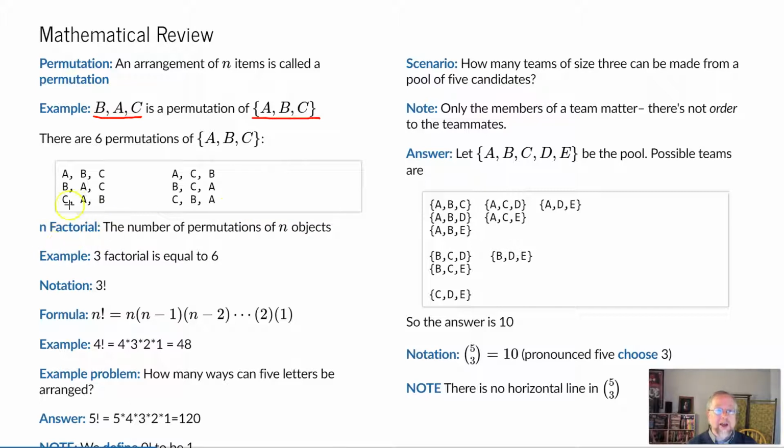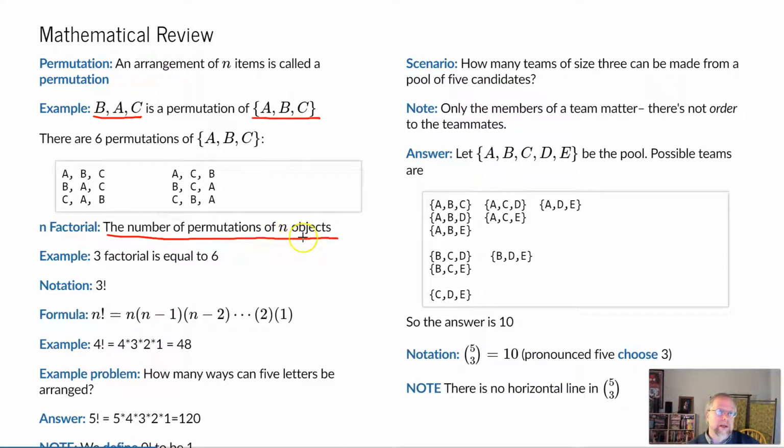So in factorial, now you know there's a formula for it. I'm sure you've all seen this before. But anytime you hear the word factorial, I want you to think of that as being the number of permutations of n objects. So if somebody says, what's the number of ways to arrange 3 items, or 3 distinct objects, in the back of your head, you would say 3 factorial.